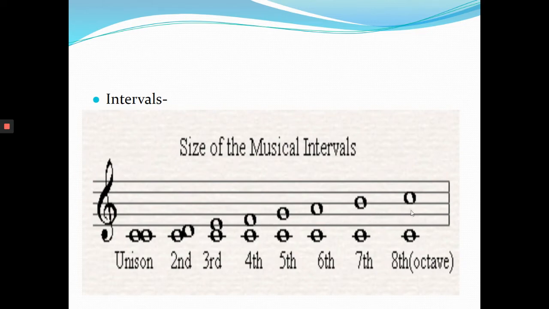Your assignment is to identify the intervals that are presented to you, and I'm going to do a little demonstration so you will know exactly what you need to do.